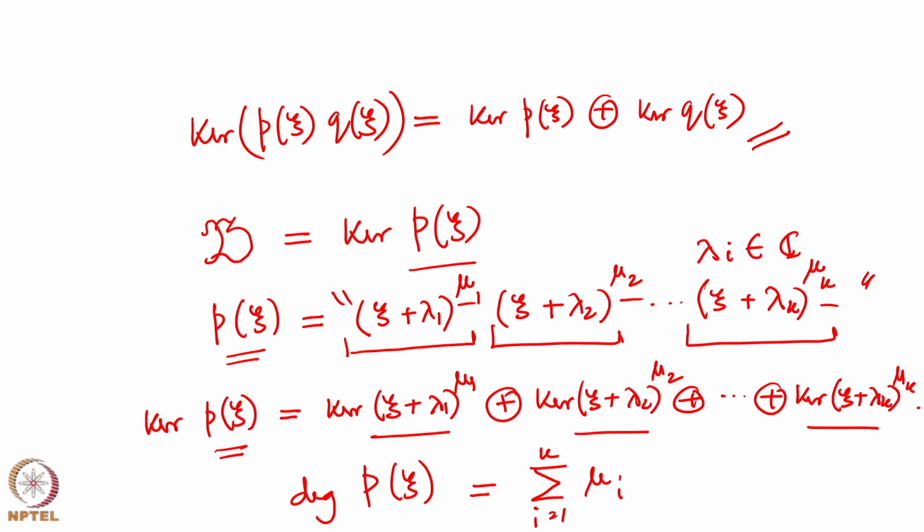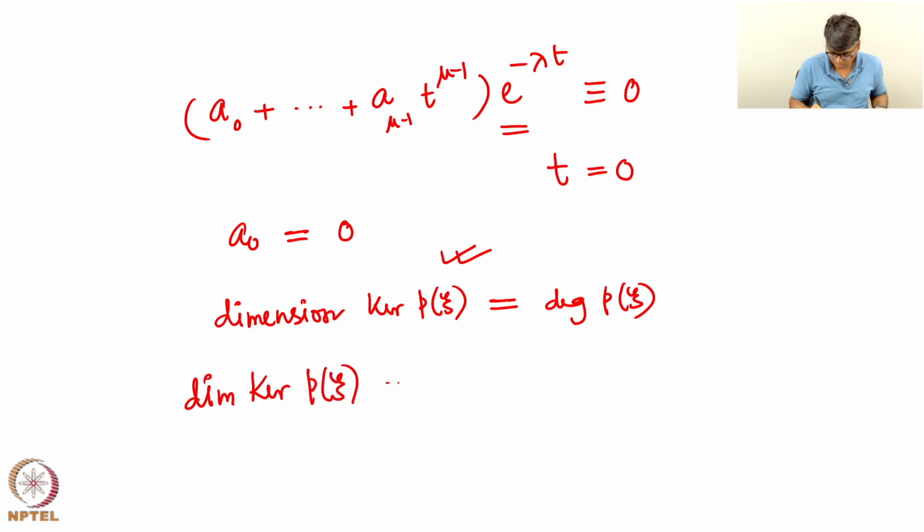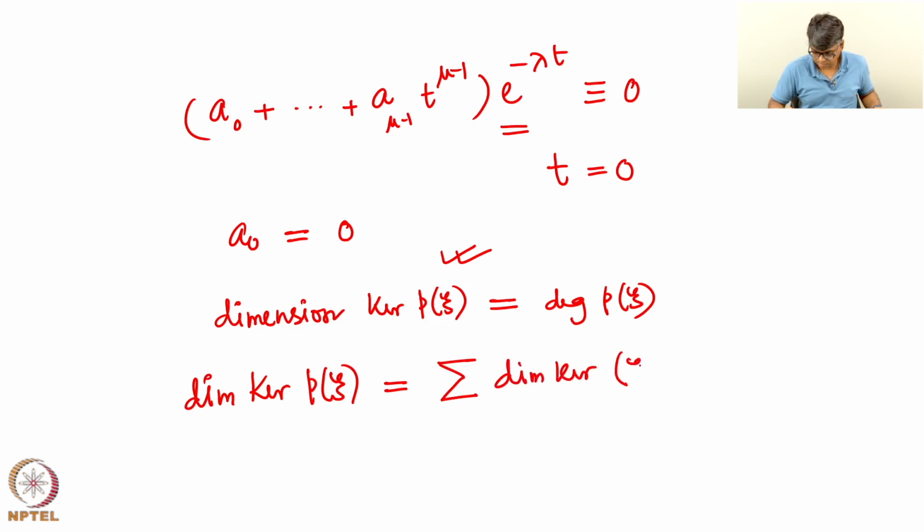So for the general case, the dimension of the kernel of p(xi) is equal to the sum of the dimensions of the kernels of (xi plus lambda i) to the power mu i, i going from 1 to k.